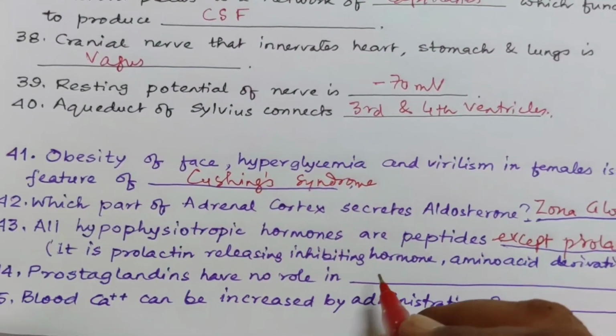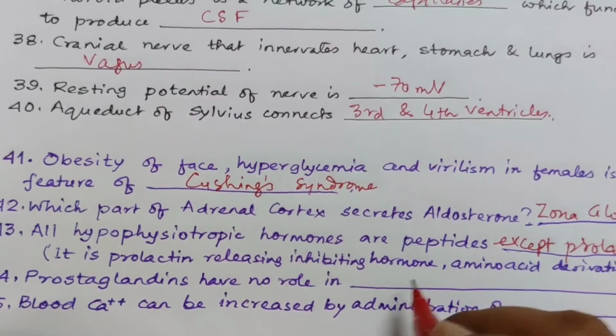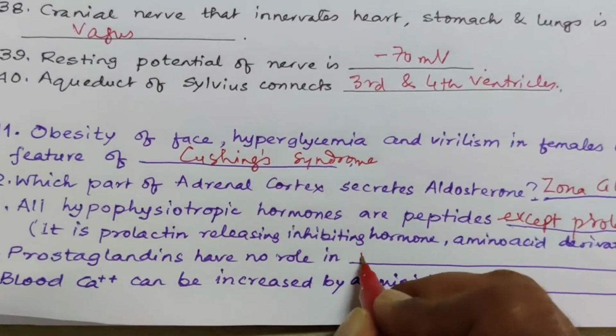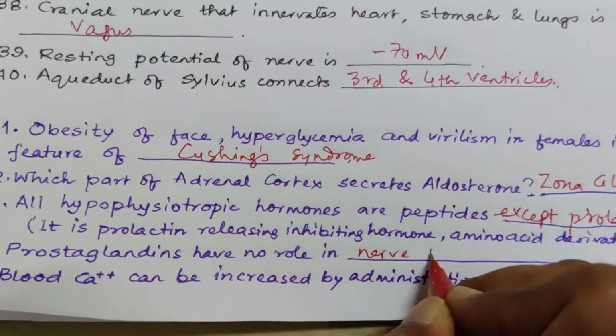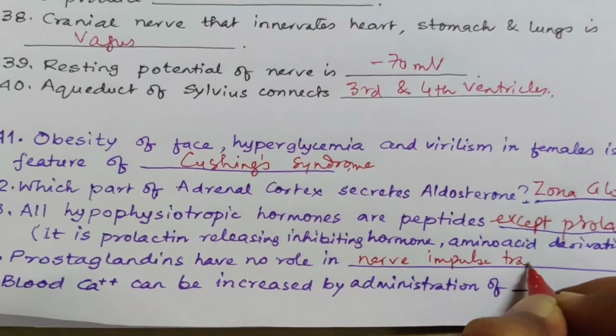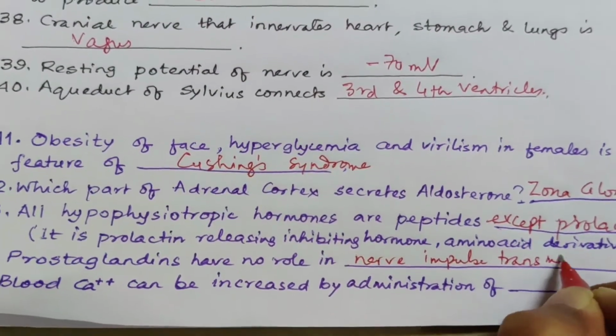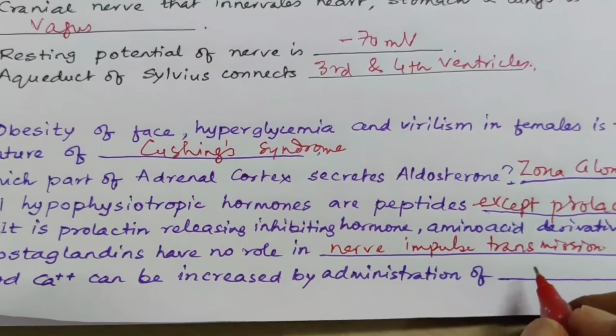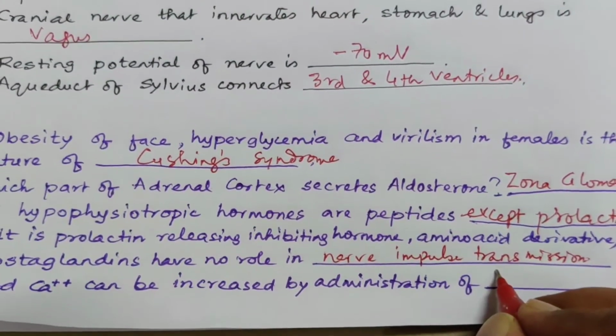Prostaglandins have no role in nerve impulse transmission. Blood calcium can be increased by administration of parathormone.